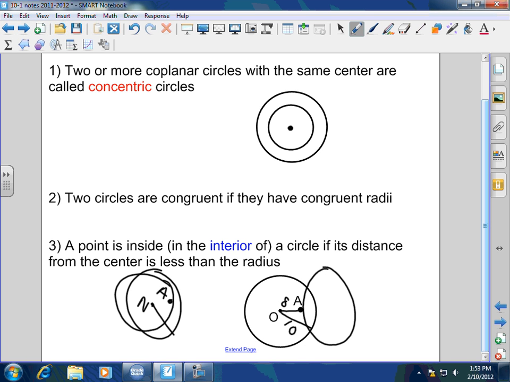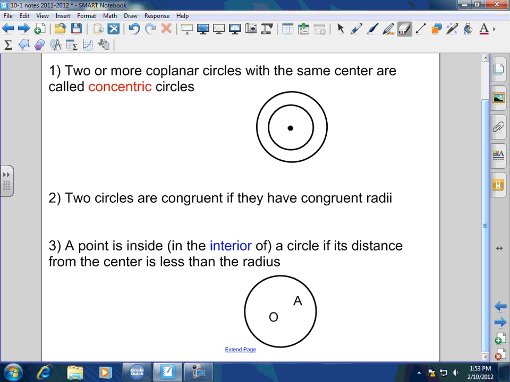AN is blank. Is A an interior point of circle N? That's one way, okay?